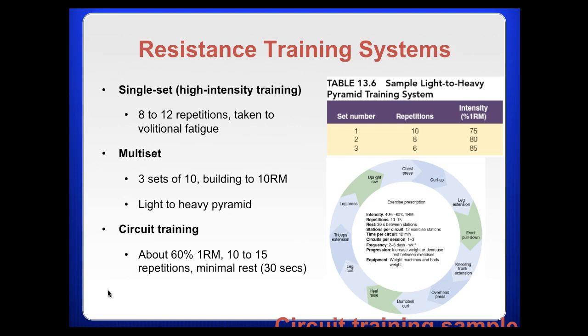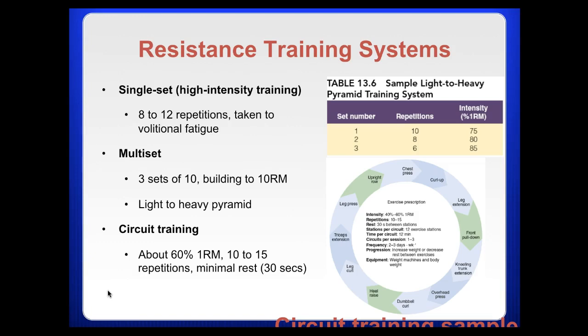And your third set of 10 repetitions would be at 100% of 10 RM. So that's how we would be building to the 10 RM. And we would say that this is a light to heavy pyramid because as the system continues, we are increasing the weight progressively.